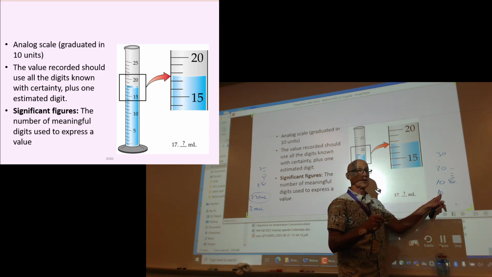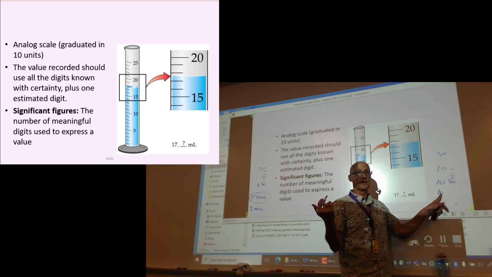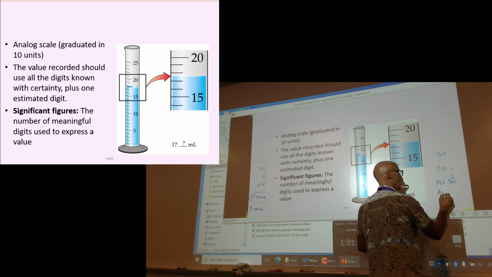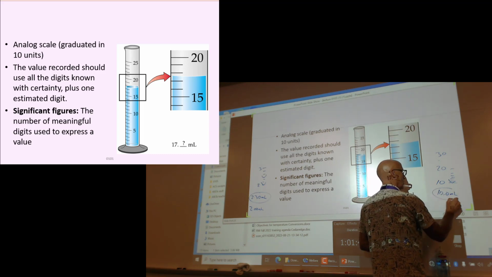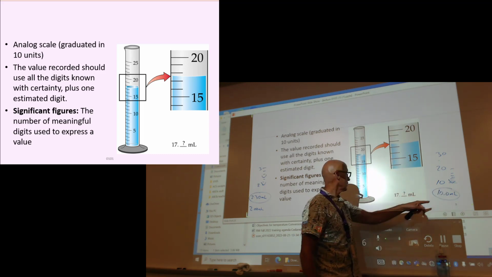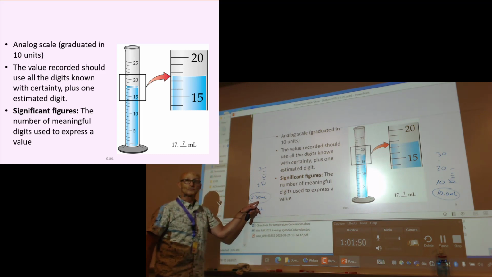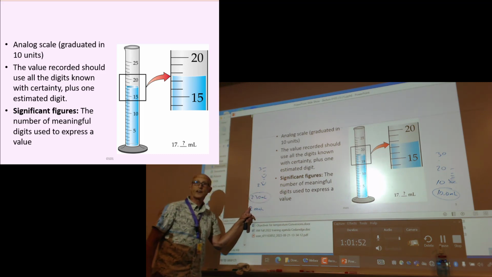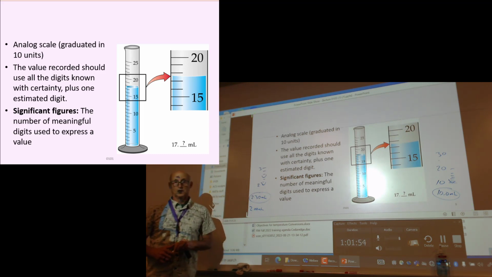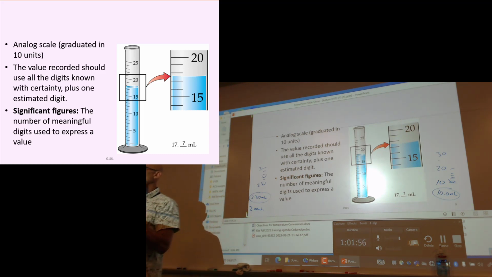And this I know too, because I know 11, I know 12. These are known. I don't know the tenths, though, do I? That's the first place I don't know. That tool is less precise than this tool. That one's only good to the tenths. This one's good to the hundredths. One more line beyond the lines you're showing, got it? Everybody okay with that? It'll take a minute, but you get used to that.